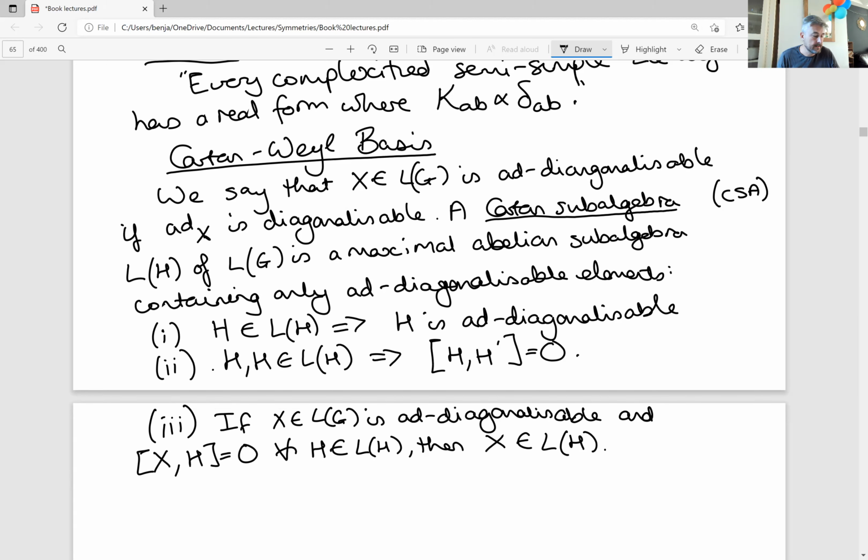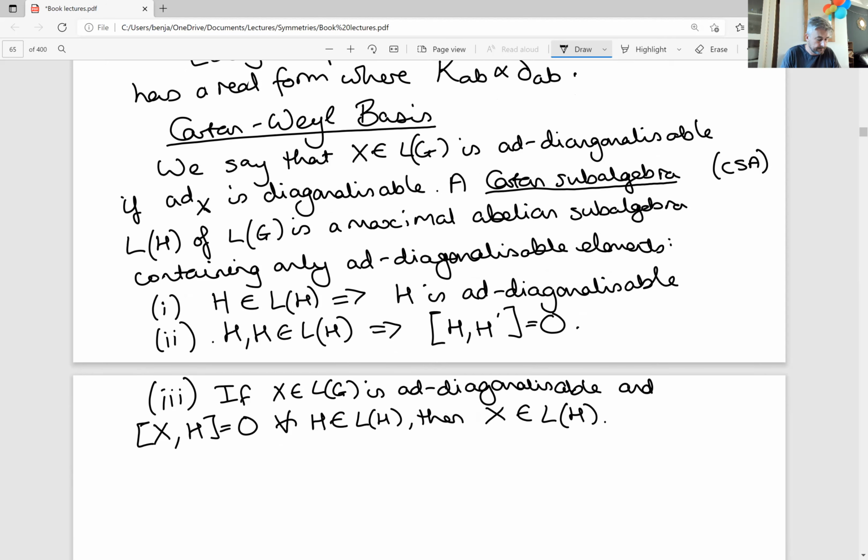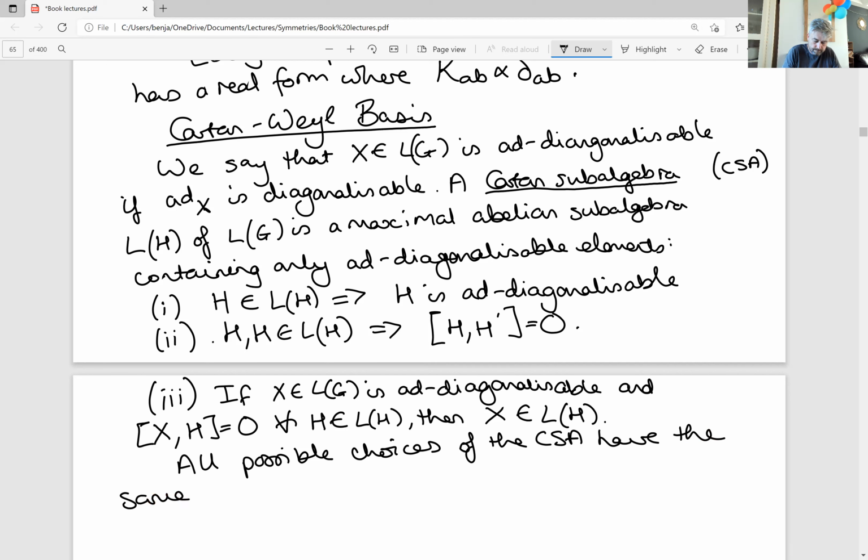So all possible choices of the Cartan subalgebra have the same dimension. It's a maximal choice. And this dimension is called the rank of the Lie algebra. In what follows, we're going to call this rank r, little r.